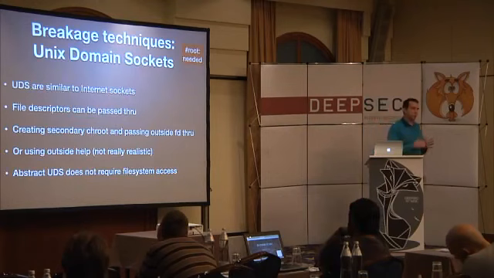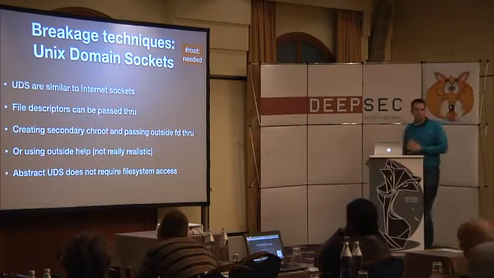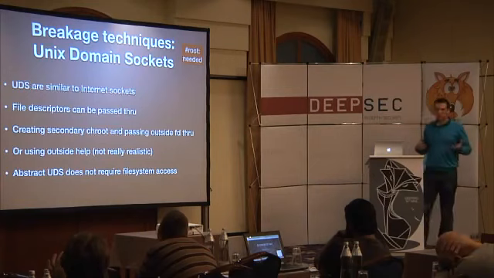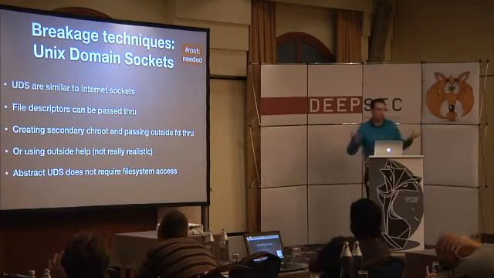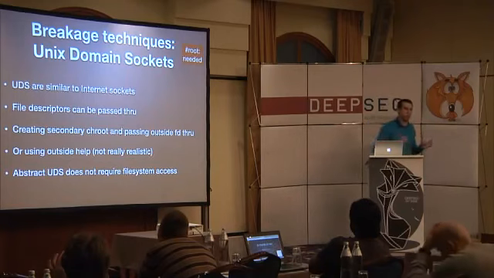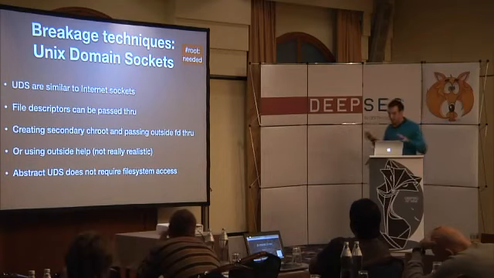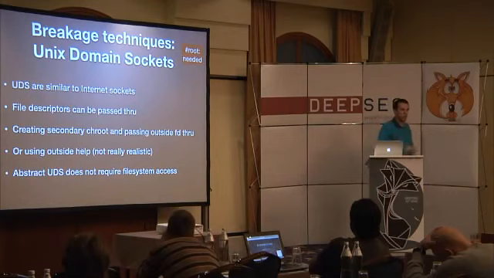The third technique is Unix domain sockets. These are really similar to internet sockets. You can create a socket, connect to it, bind on it, listen on it, and so you can connect two different processes and pass different messages between them.